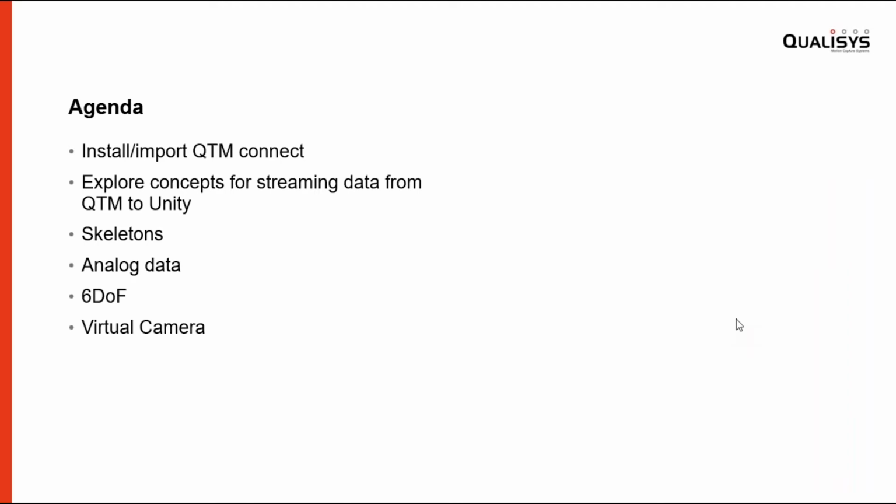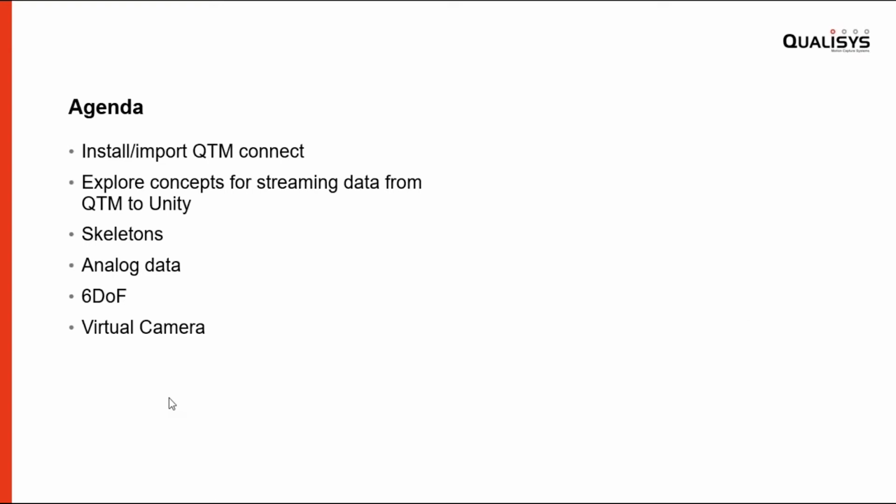So the agenda for today is we're going to check out how to install or import, as you would say in Unity language, the QTM Connect for Unity. We're going to explore the concepts of streaming data from QTM to Unity. What kind of data can you stream and how can you do it?